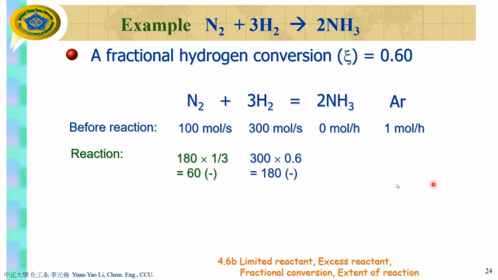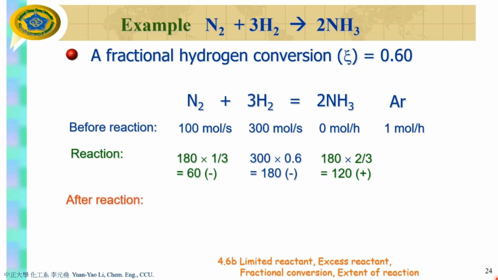If this is 3 moles and you only need 1, there's only 1 mole consumed. So 180 times 1/3 means 60. And how much ammonia generated? Easy, right? 120. And this is inert gas, so there's none consumed or generated.